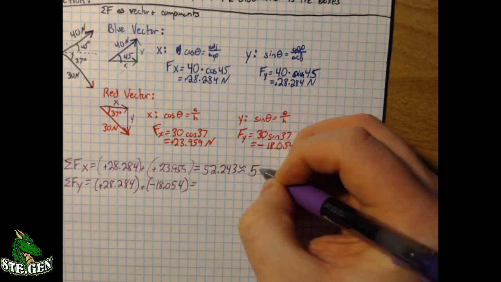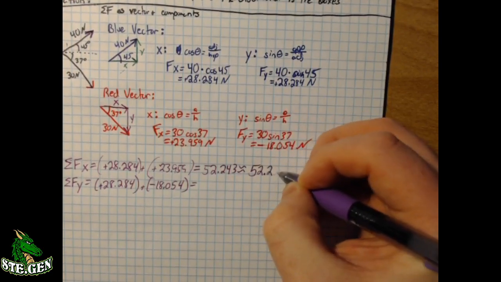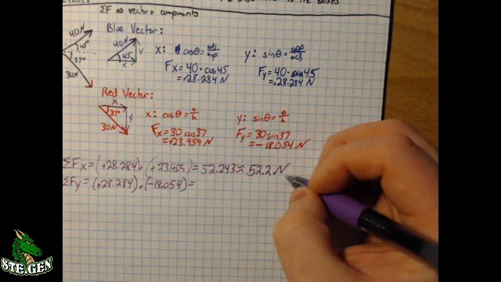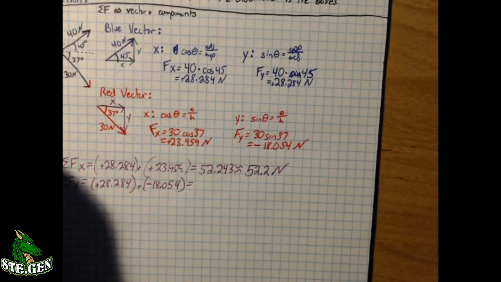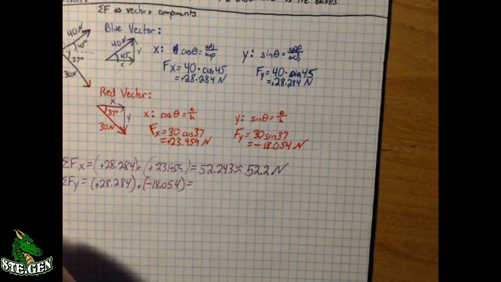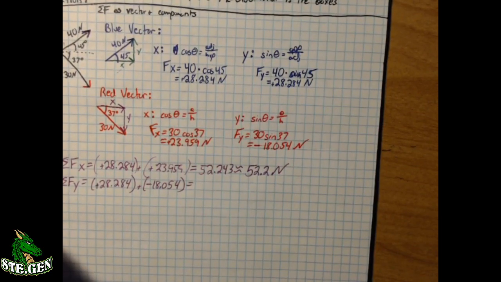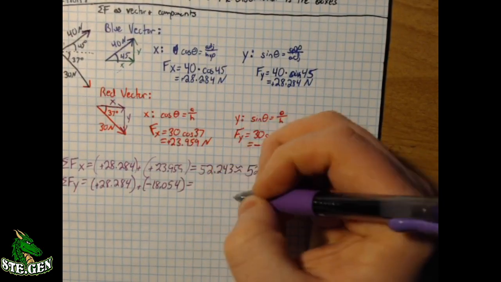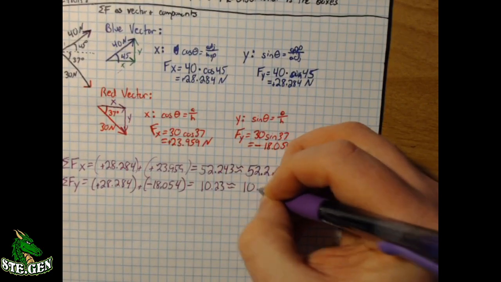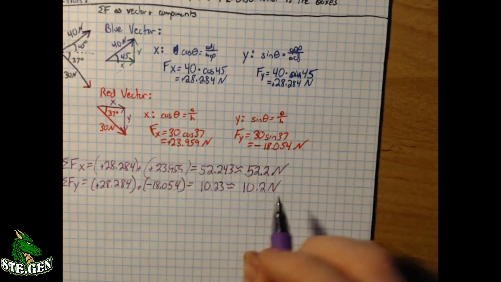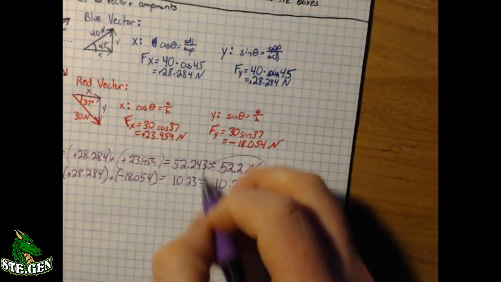So we're going to go to 3 sig figs, 52.2 newtons in the x direction, and then do 28.284 minus 18.054. I'll get 10.23, which is 10.2 newtons in the y direction. So there's our component answers.